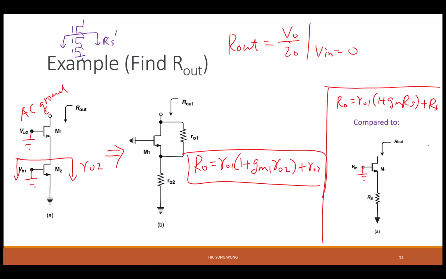So I do know what the equation is. R out equals, what is that? R0 times 1 plus Gm Rs, plus Rs. I can memorize it. Let's check if that's right. Yeah, R0 times 1 plus Gm Rs, plus Rs.